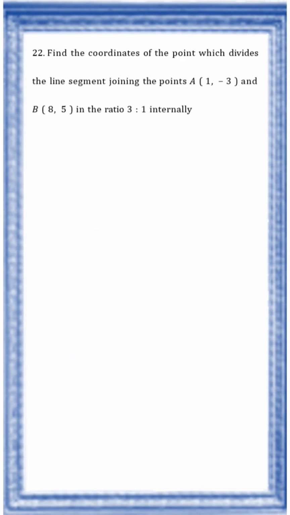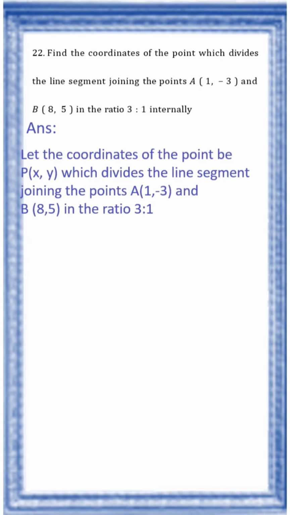Find the coordinates of the point which divides the line segment joining the points A(1, -3) and B(8, 5) in the ratio 3:1 internally. Let the point P(x, y) divide the line segment joining the points A(1, -3) and B(8, 5) in the ratio 3:1.